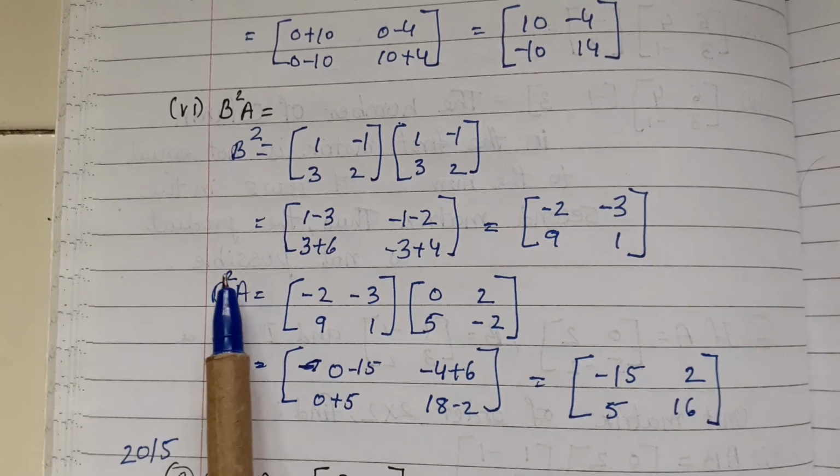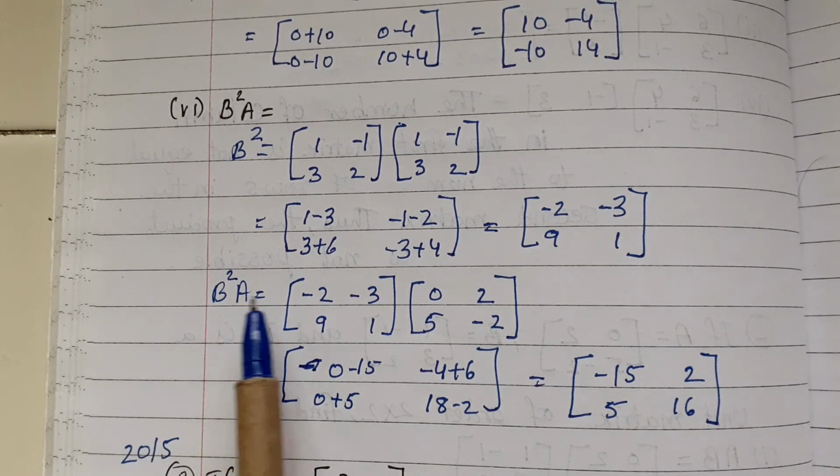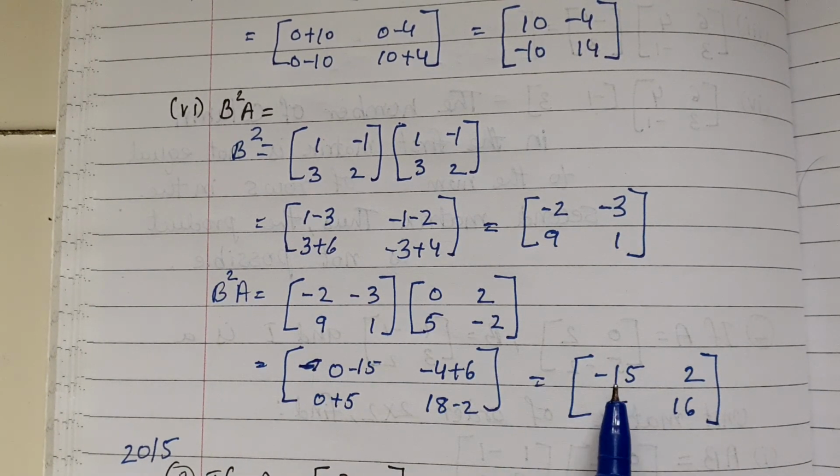Hence B square A equal to [-15 2; 5 16].